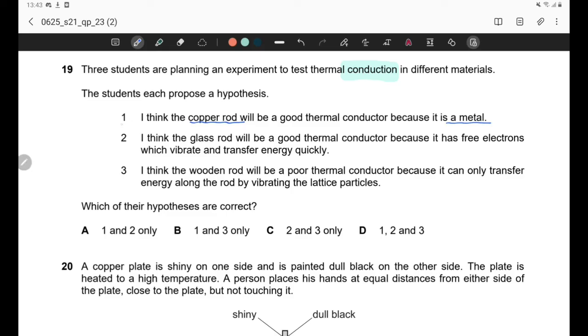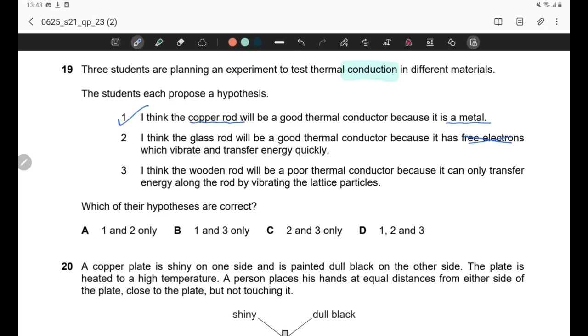Therefore, the first hypothesis is correct. The second student says, I think the glass rod will be a good thermal conductor because it has free electrons. That is wrong. A glass rod is an insulator and does not contain free electrons. So the second student's hypothesis is wrong.